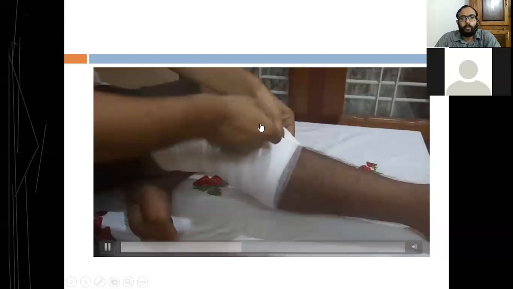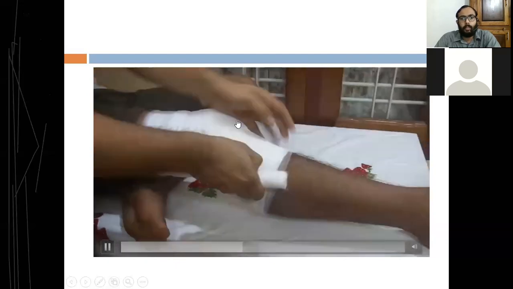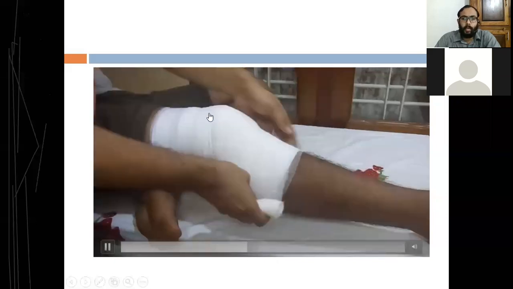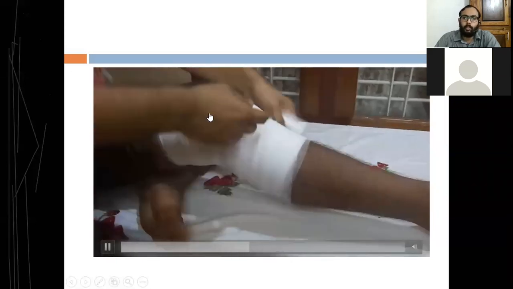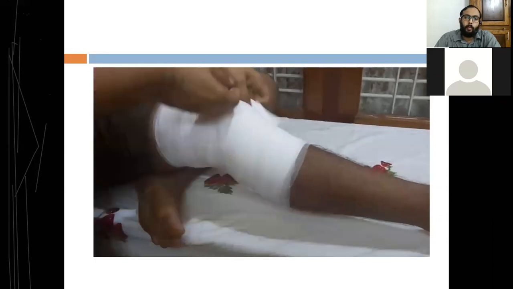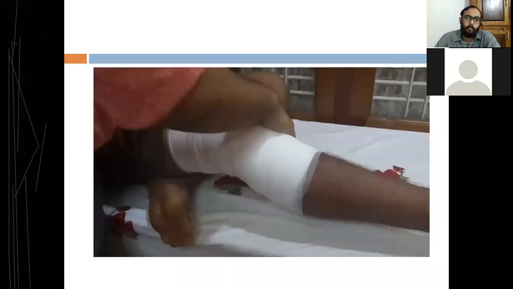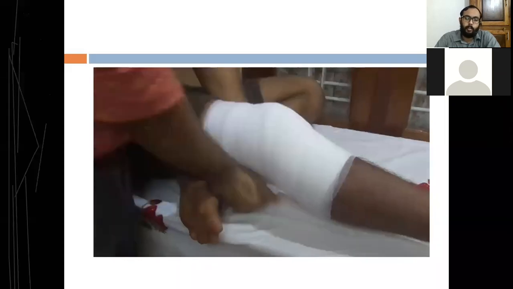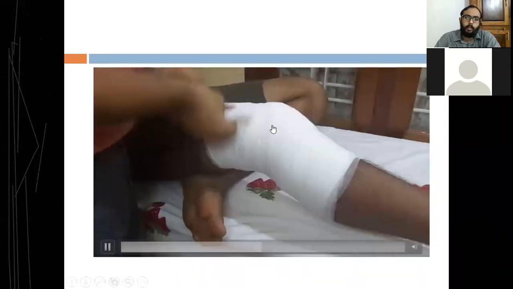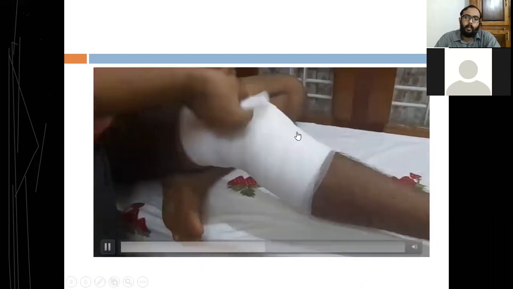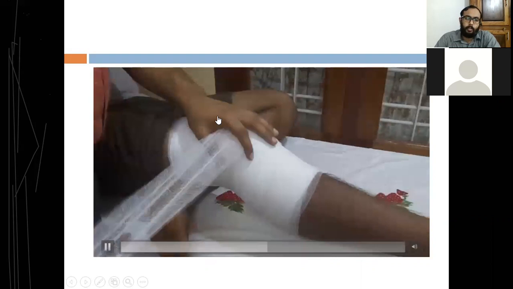That particular twisting gives more firmness or more power to the bandage, and gives more immobilization to the affected joint. Regarding the knee joint, you can use a twisting over the medial, lateral, inferior and superior position.